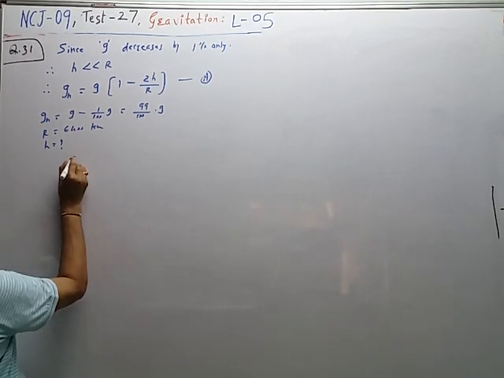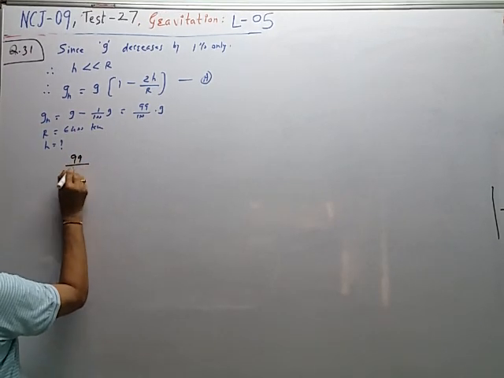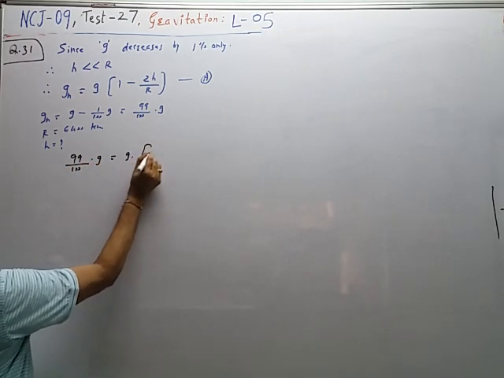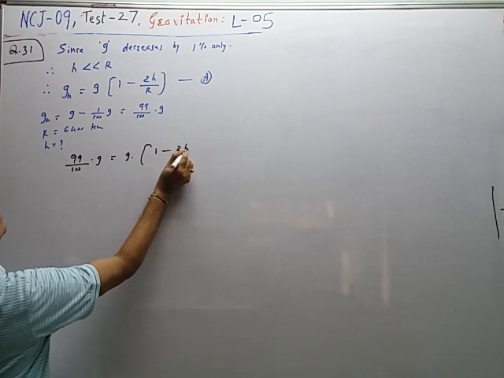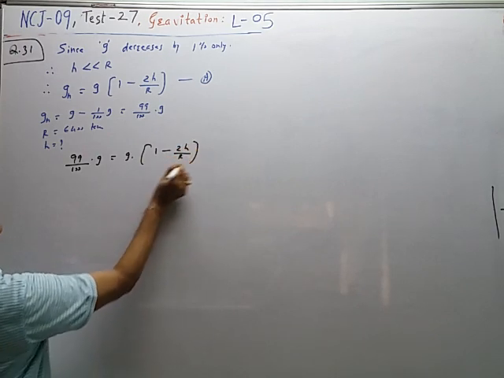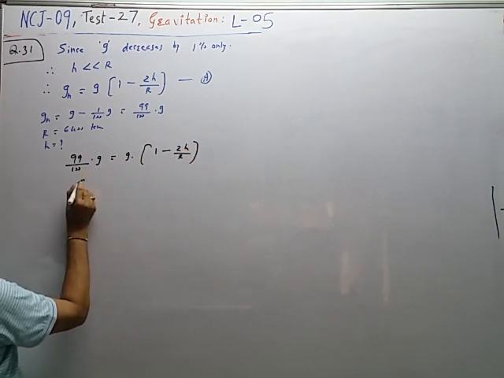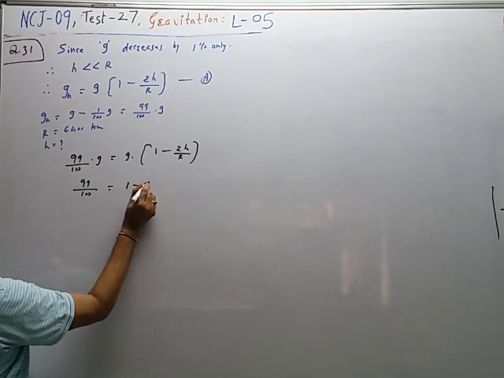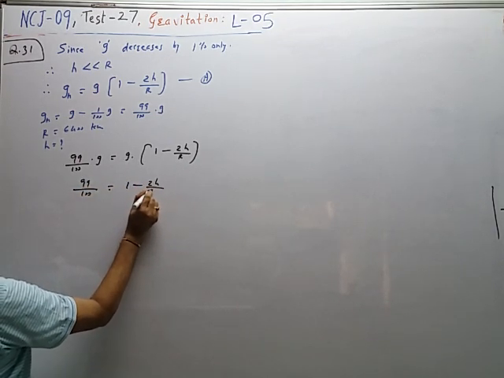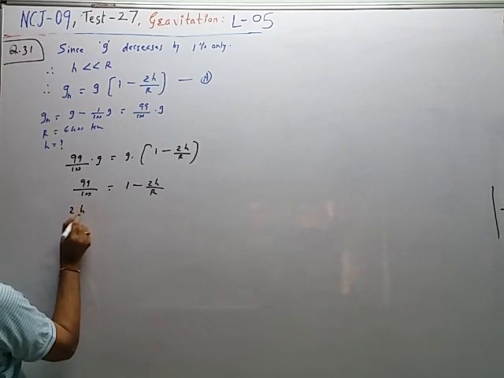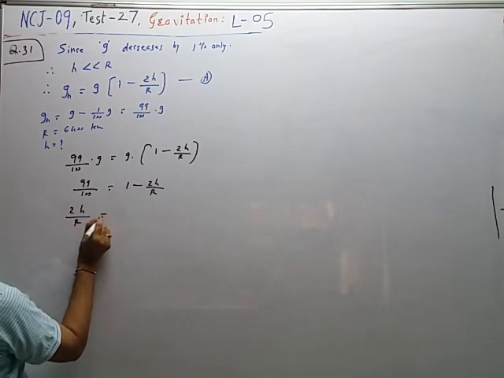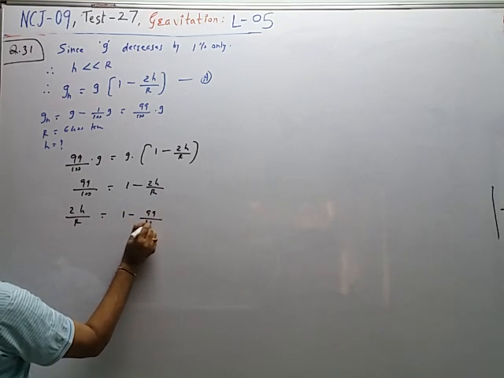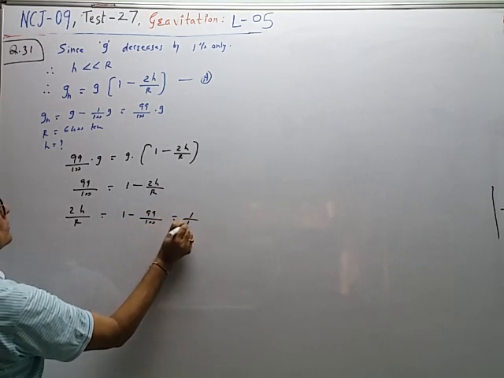So 99 upon 100 times g is equal to g into bracket 1 minus 2 times h by R. The g will get cancelled. So 99 upon 100 is equal to 1 minus 2 times h by R. So 2 times h by R is equal to 1 minus 99 upon 100, that is equal to 1 upon 100.